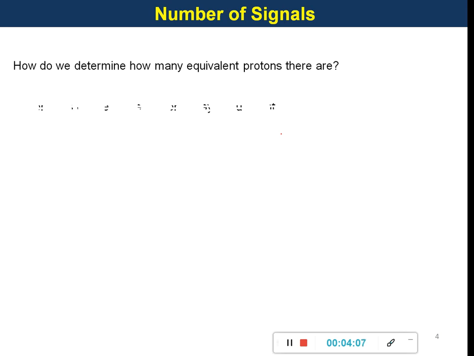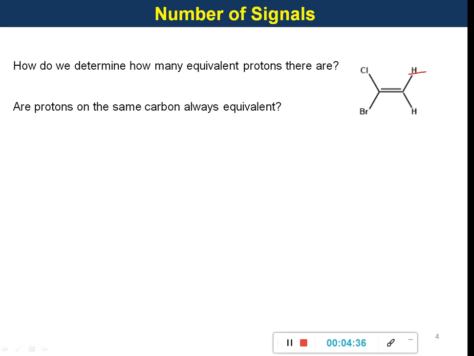So how do we first determine how many equivalent protons are there in a given molecule? There are many ways to determine how many sets of equivalent protons there are in a molecule. One way is to look at the atom attached to the proton, usually carbon, and observe what that atom is bonded to, and then the atom bonded to that.